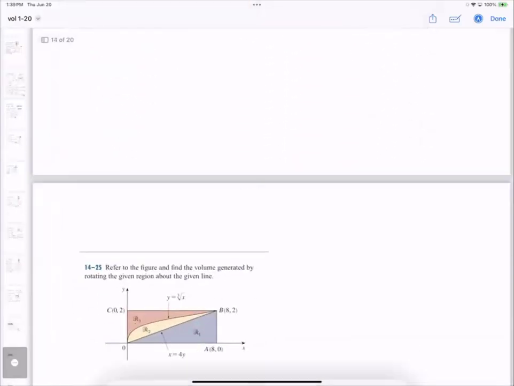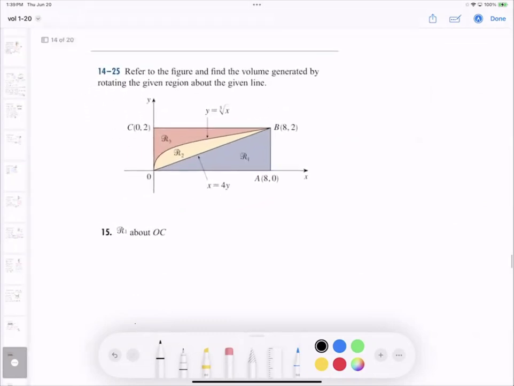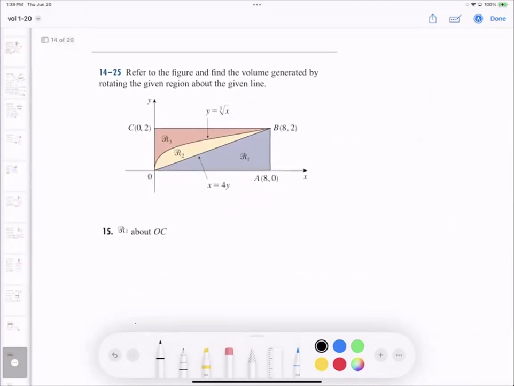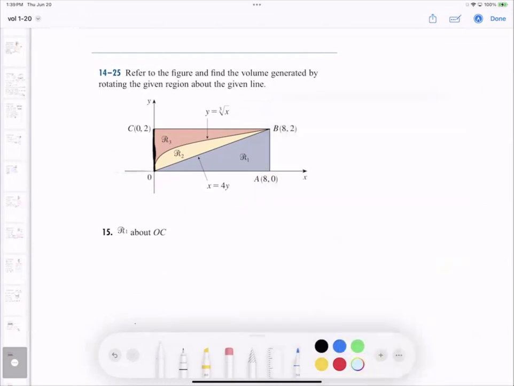Next question. So now we are interested in rotating the region R1 about OC. Okay, OC, as you can see, is along y-axis now. So basically, we are taking this region and move it to the other side.